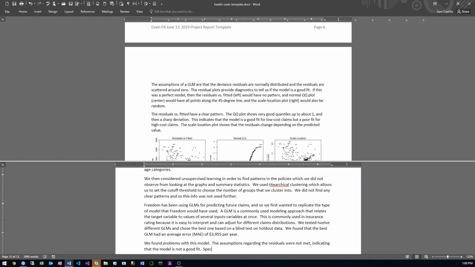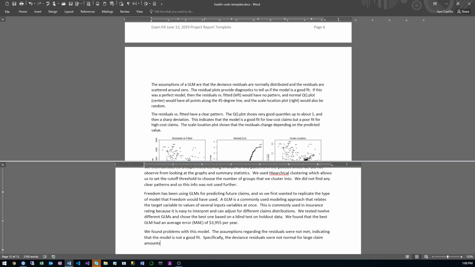Specifically, the deviance residuals were not normal for large claim amounts, and there were clear patterns in the residuals versus fitted values.